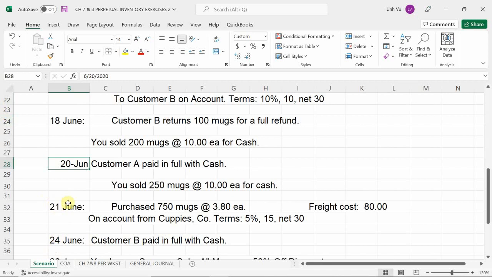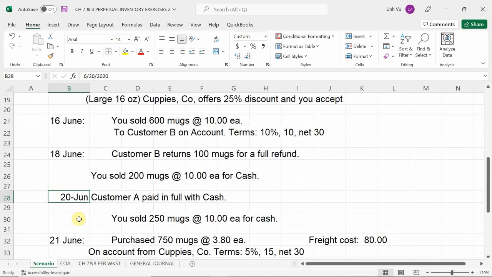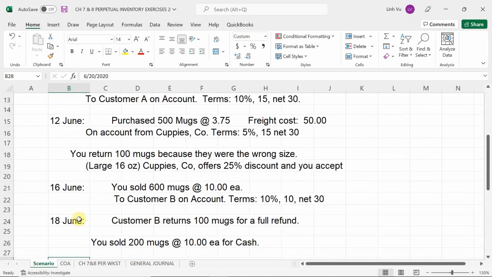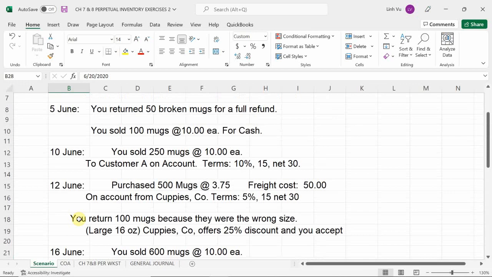On June 20th, customer A decides to pay in full with cash. So let's see when we actually sold to customer A. We sold to customer A on June 10th, and we gave customer A 15 days to pay.